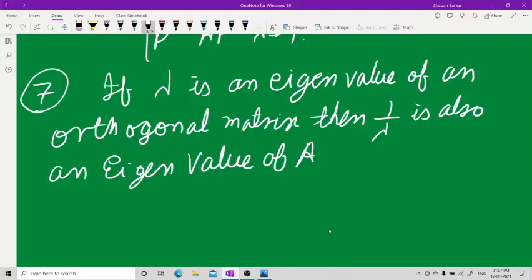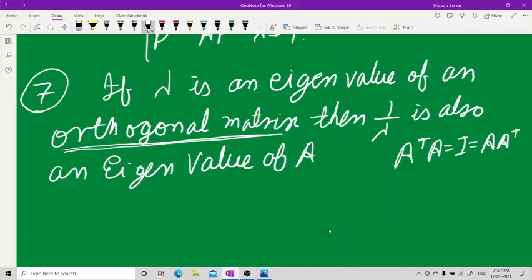But here, since this is an orthogonal matrix, the moment I see this word, this should come to my mind: A transpose A is equal to the identity, which is the orthogonality property. Now I want to show that if lambda is an eigenvalue of an orthogonal matrix, then 1 upon lambda is also an eigenvalue of the same matrix A.